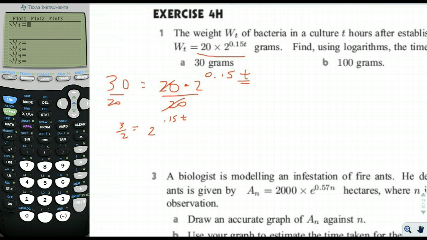Then we need to get the t down as a regular number, not an exponent. So to do that, we need to take the log of both sides. What kind of log? It doesn't really matter. Let's take the natural log. Natural log of 2 to the 0.15t, and then we could just change that to 0.15t times natural log of 2 is equal to the natural log of 1.5.